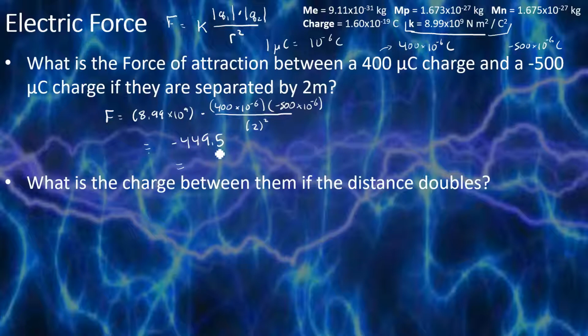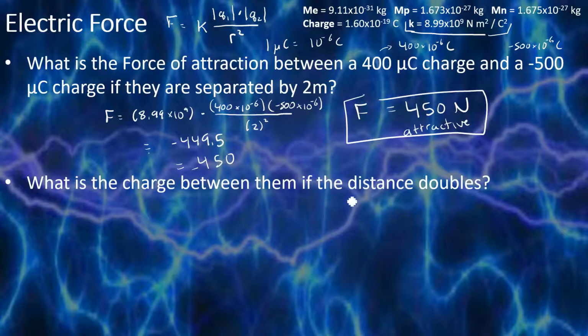And after rounding, that's going to give me negative 450. But let's analyze. Since my answer is negative and these charges are opposite, that's attractive. So our force is 450 newtons. Attractive. These are going to pull towards each other.